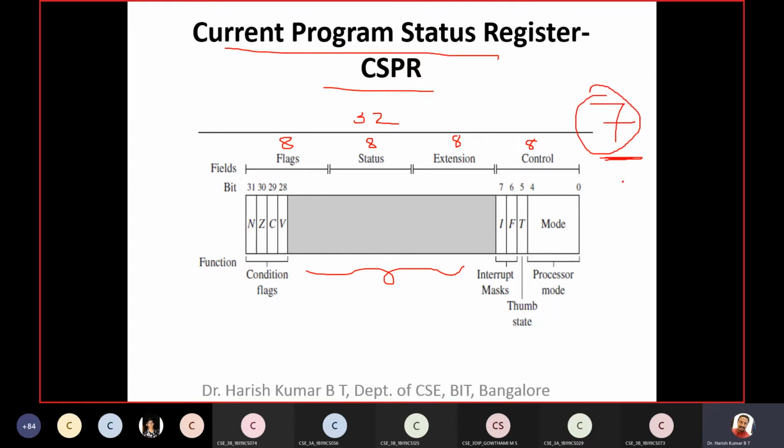And how many states? 3 states. Bits 0 to 4 are reserved for indicating the mode of the processor. You might ask me a question: sir, you said as of now the ARM processor operates in 7 modes, so to specify 7 modes, why do we need 5 bits? 0 to 4 is 5 bits. Using 5 bits, how many modes can you specify in total?